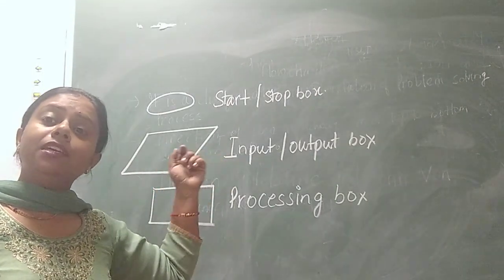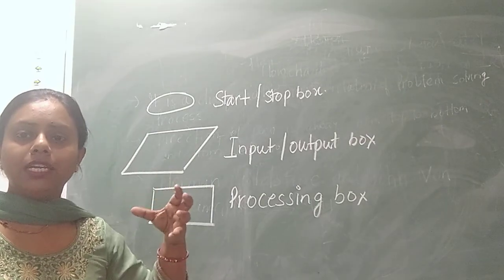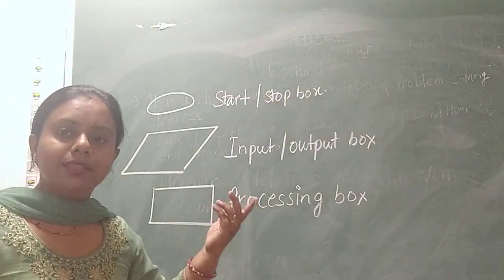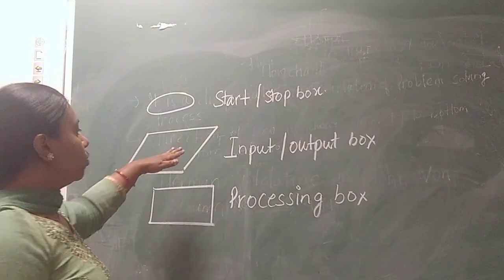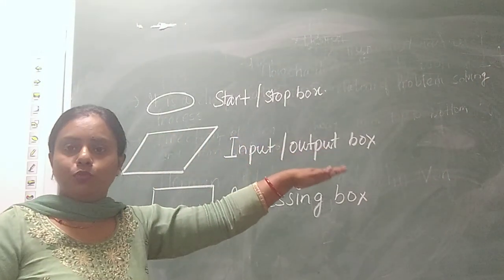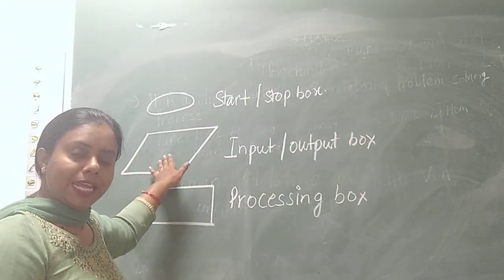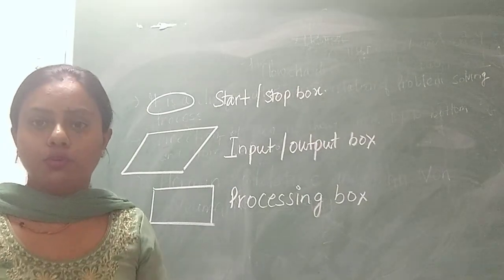And when you get the result, means 8 plus 5 is equal to 13, when you want to represent 13, that is your output. So this is known as your input and output box. It is a parallelogram shaped box which we will need to take input and to show the output.